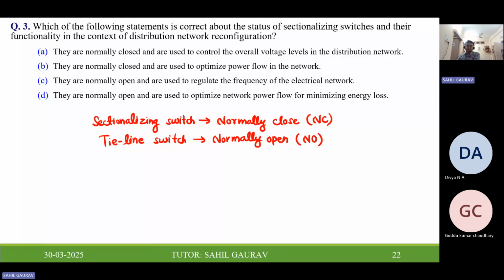While sectionalizing switches, we use in fault conditions to remove the faulty part without interrupting the power supply to the healthy part. So a sectionalizing switch gets opened when a fault happens, and tie line switches get closed whenever we want power supply from the other feeders.